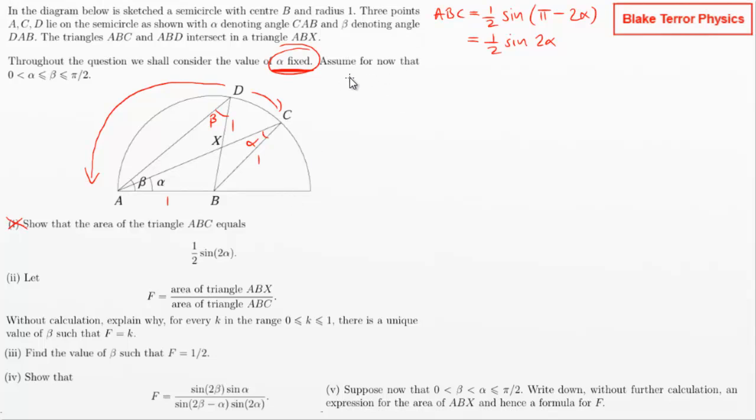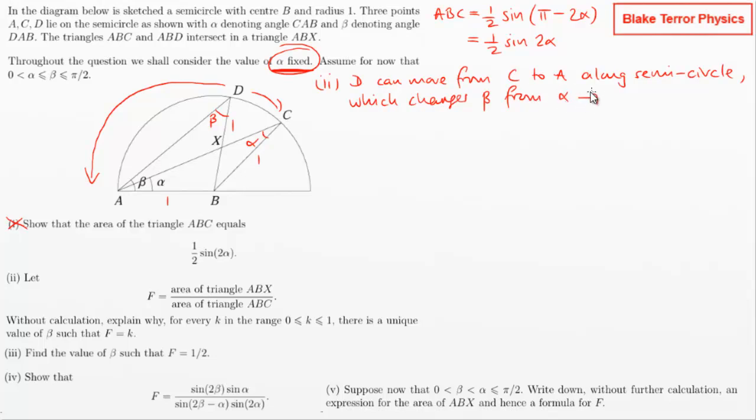So how are we going to put this? D can move from C to A along the semicircle, which changes beta from alpha up to, well, it will end up being tangent there, so up to pi by 2. That's the full range of beta that we've got there.